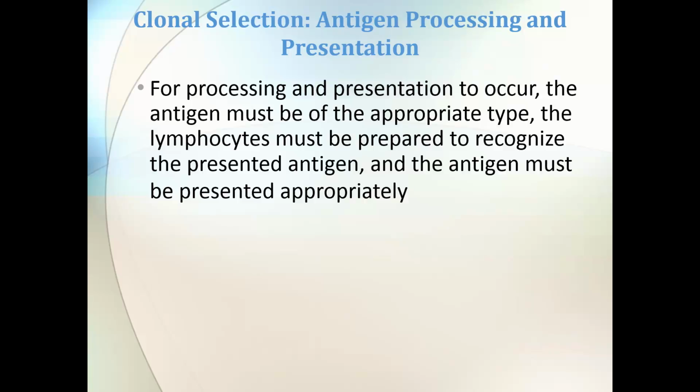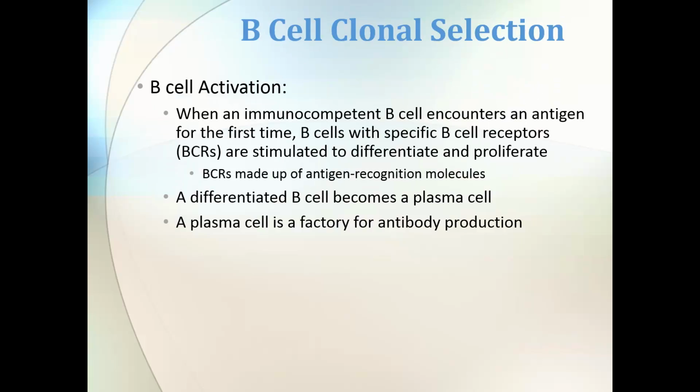So it must be the appropriate type, the appropriate size, and it must have that specific affinity, that lock and key situation, for that particular type of cell. Okay? And these next few slides, B cell clonal selection and then T cell clonal selection, are more technical, little FYI slides for you to understand exactly how B cells get activated and how T cells get activated in this type of immune system.